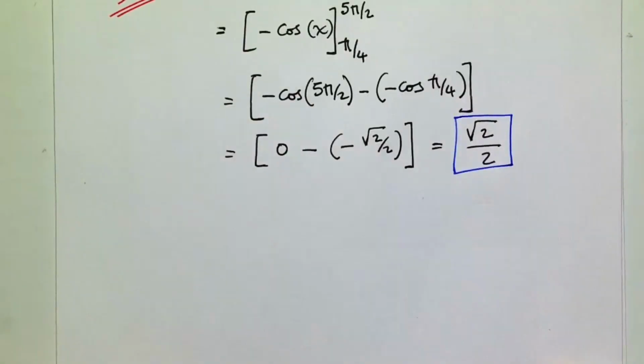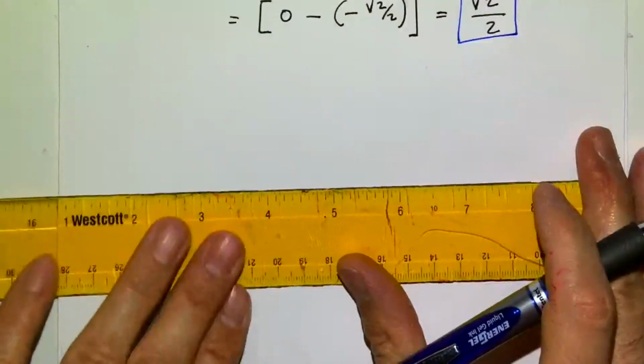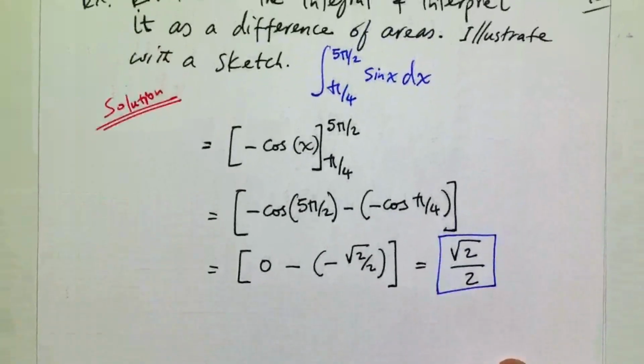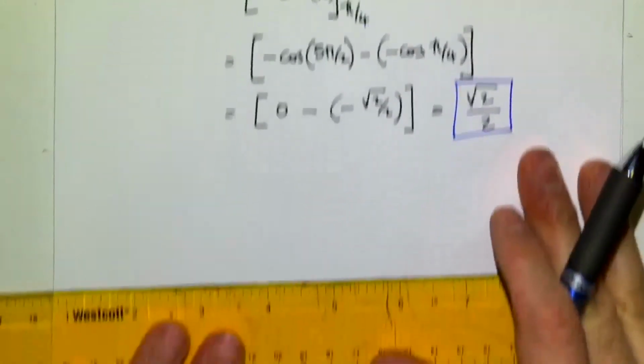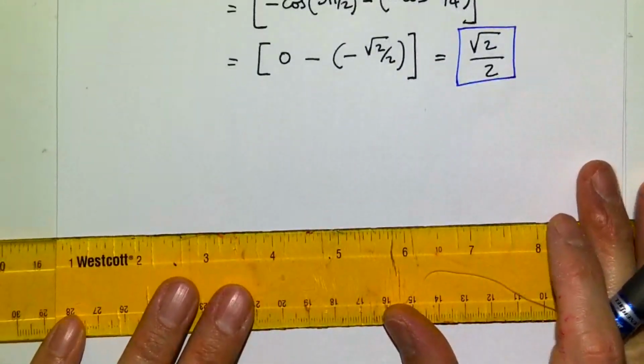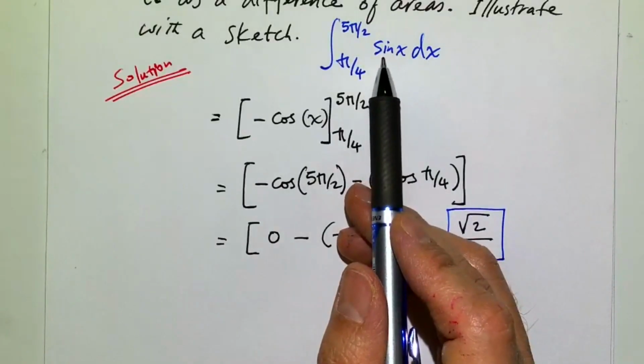So they say, illustrate this with a sketch. Okay, let's do that. The function we're integrating is sine of x, so we need to draw a sine wave, not a cosine wave, okay?